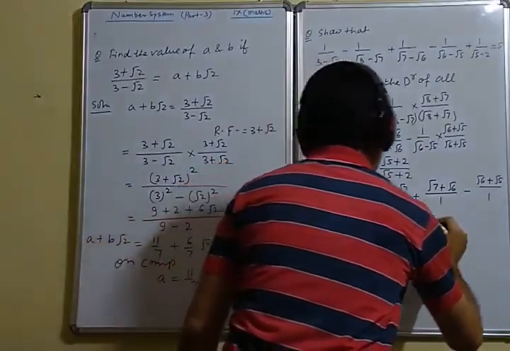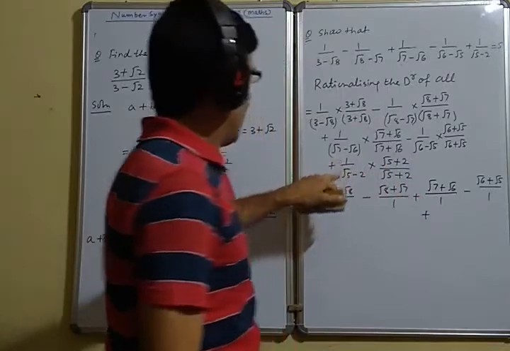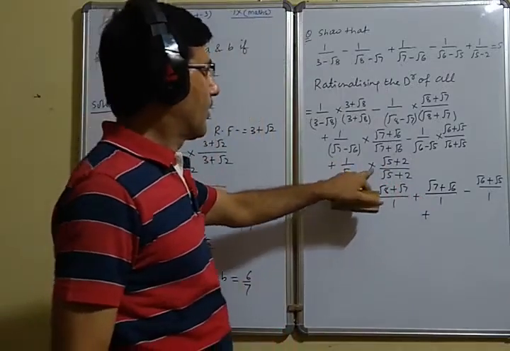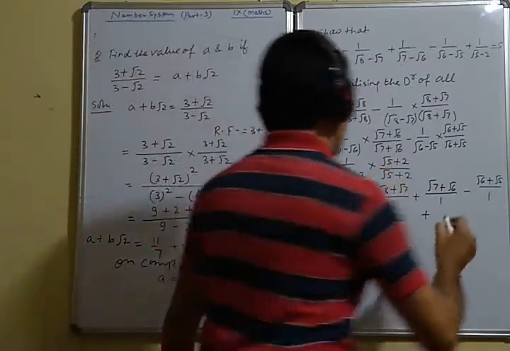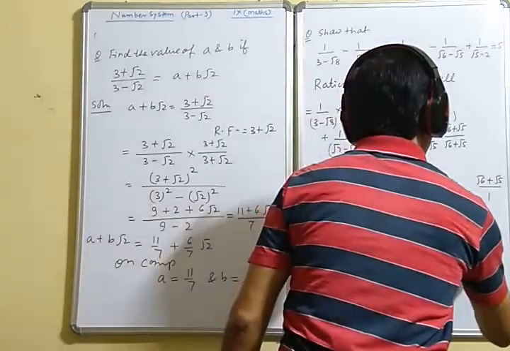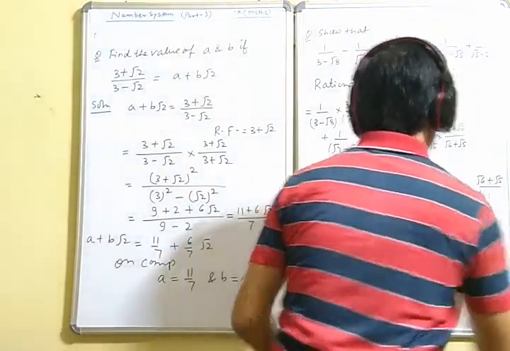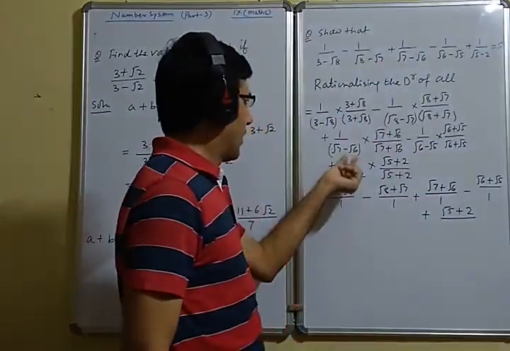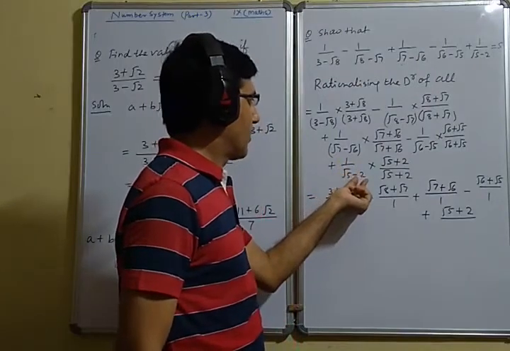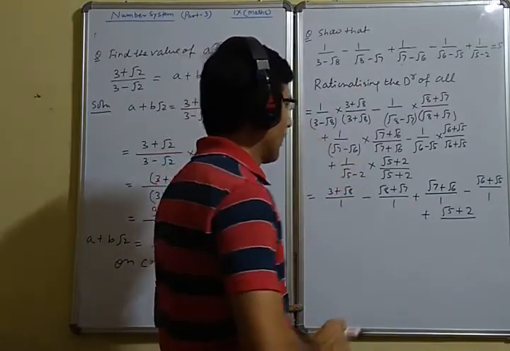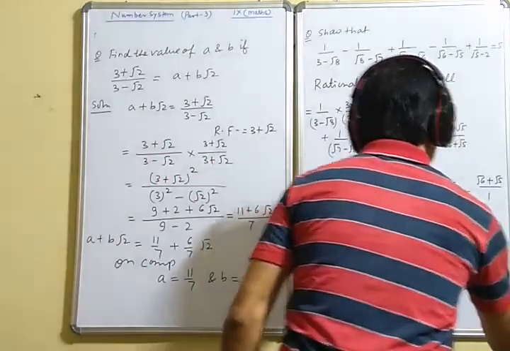And the last term 1 upon root 5 minus 2 into this. So in the numerator it is root 5 plus 2. In the denominator it is root 5 whole square, that is 5, minus 2 whole square, that is 4. So 5 minus 4, it becomes 1.